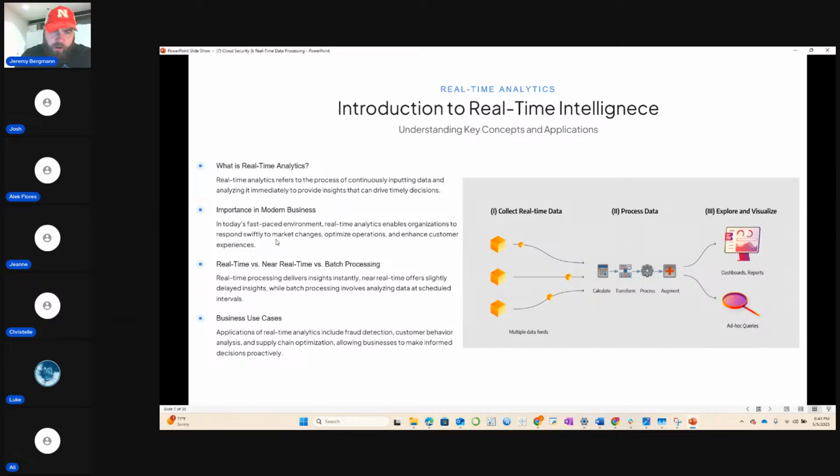So it's important to modern business. I talked about it a little bit on the last slide, but in fast-paced environments, real-time analytics enables organizations to respond swiftly to market changes, optimize operations, and enhance customer experiences, which is true. In near real time, you recognize that a customer has some type of behavior on your website, and then you want to deliver them an ad really fast based on what they're already doing.